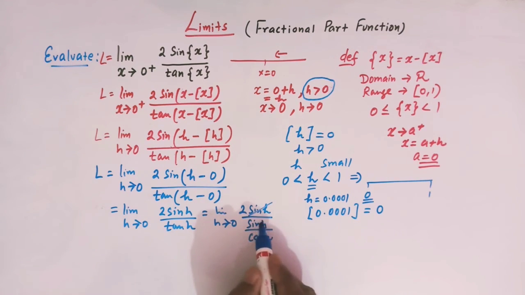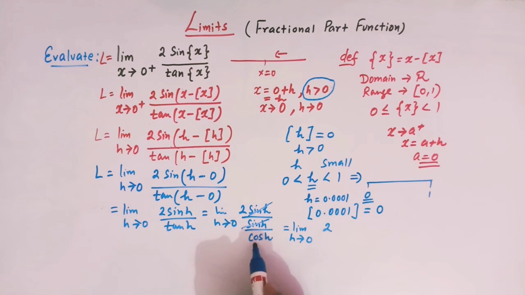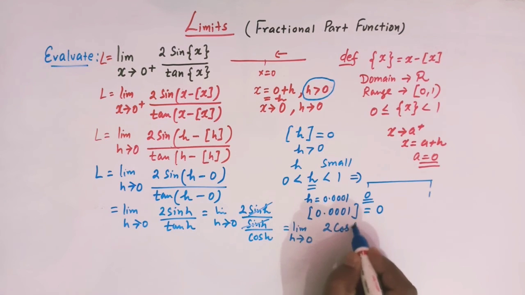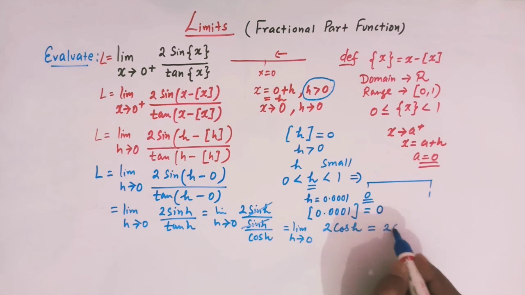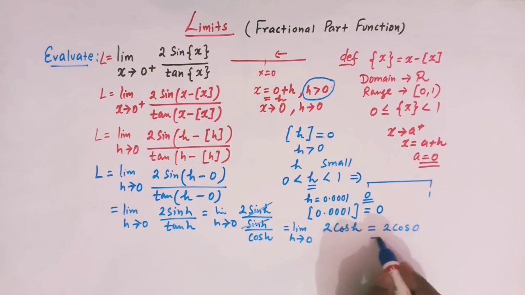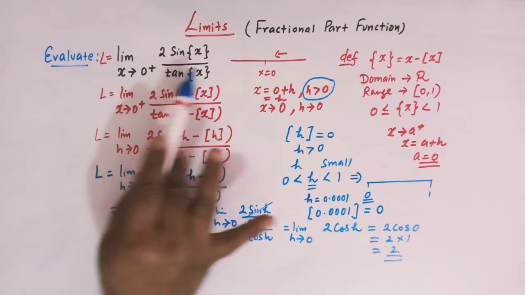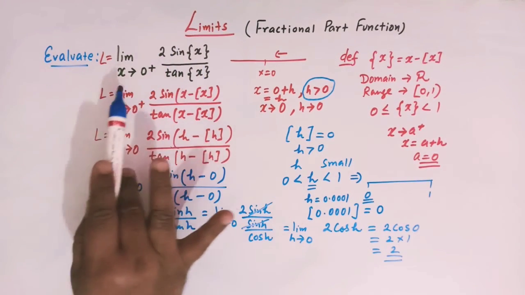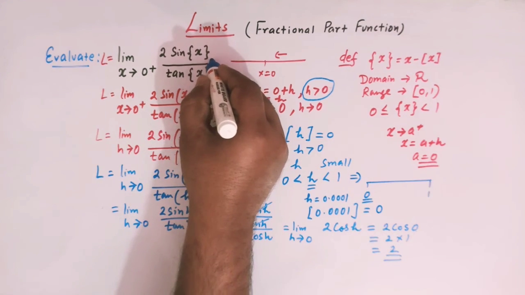Now sine h and sine h get cancelled, and cosine h goes to the numerator, so we have limit h tends to 0 of 2 cos h. When h approaches 0, we have 2 times cos of 0, and cos of 0 is 1, so this is equal to 2. So the right hand limit of this function when x approaches 0 is equal to 2.